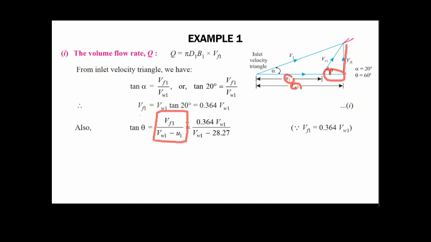We have VF1 equal 0.364 VW1, and we plug that into this equation. For VW1 minus U1, we need to calculate U1 first.